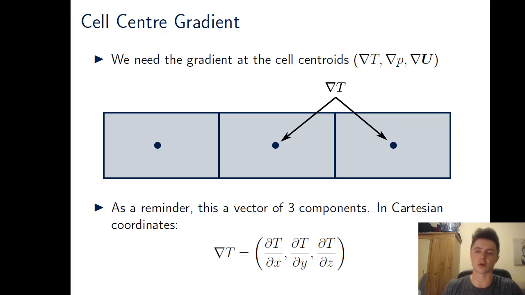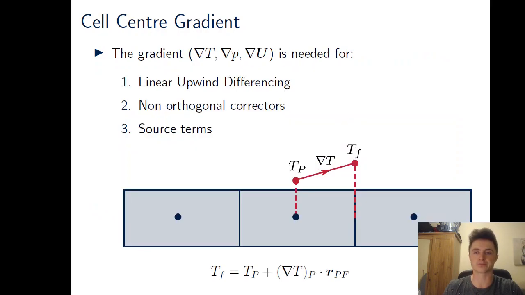And the way to think of the gradient is it's the rate of change of that variable in the x direction, the rate of change in the y direction, and the rate of change in the z direction. And what we'd like to know is how do we get the gradient at the cell centroid given the value of the actual flow variables, so temperature, pressure, velocity, which are calculated and stored at the cell centroids.